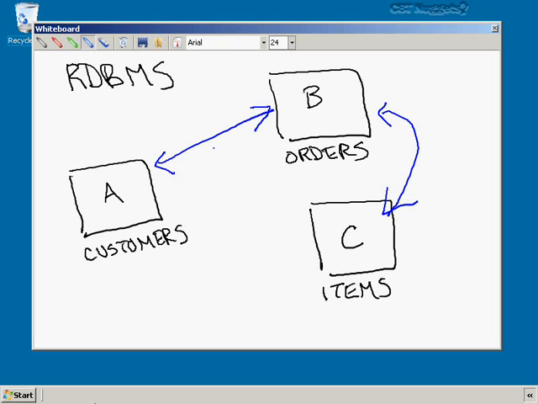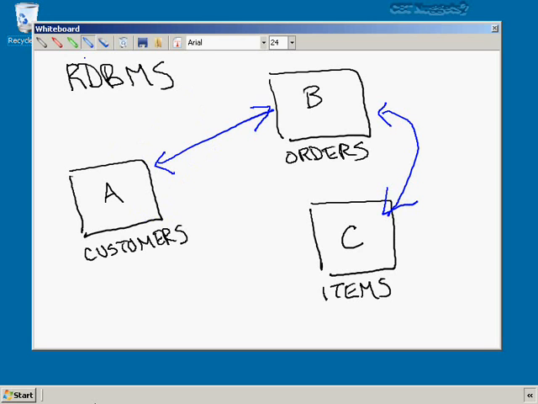Now, this is something that even Microsoft Access can do, but you don't typically refer to Access as a relational database management system because it's not server-based. It's really just a single application opening up one or more files. With SQL Server, it's designed to open the files on the server and allow clients to connect to it over the network, and it's designed to manage multiple databases simultaneously.